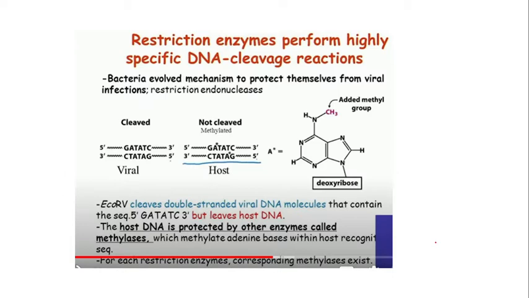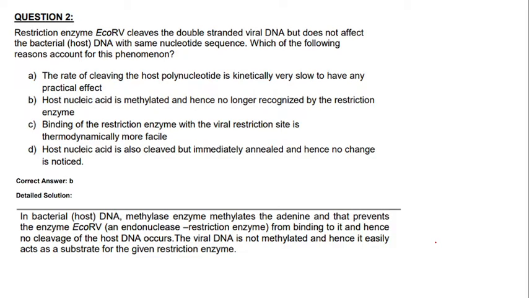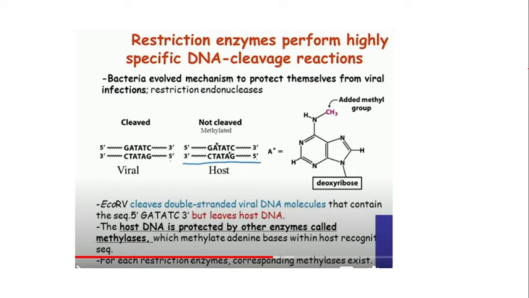In host DNA, the methylase enzyme methylates the adenine, I mean the amino group of adenine. Then it will not be recognized by the restriction enzyme, so it will not cut the host DNA. It will cut only the viral DNA. This is how it identifies.